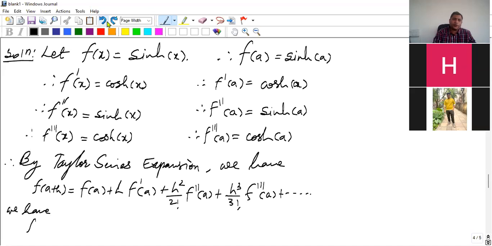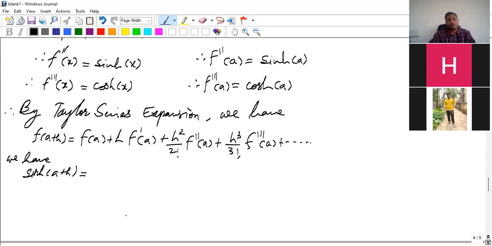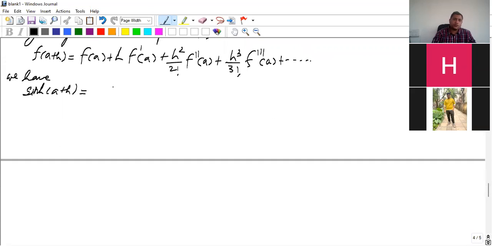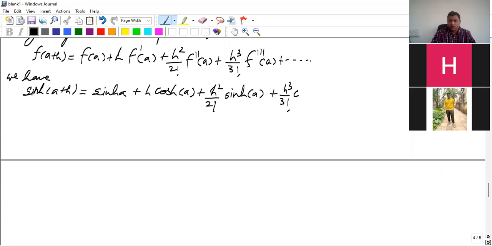We want to express hyperbolic sine of a plus h. It is sinh a plus h times cosh a plus h square by 2 factorial sinh a plus h cube by 3 factorial cosh a.